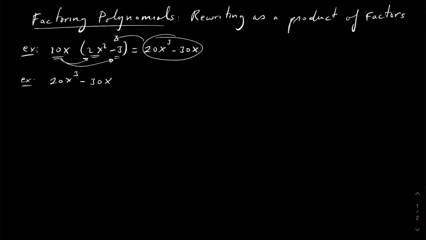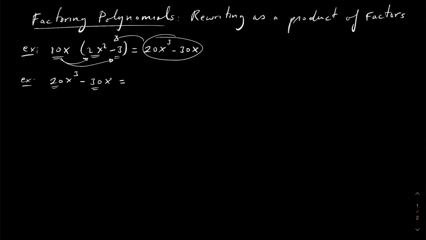The first thing I would do is look at the numbers of these terms. If I look at 20 and 30, it's very apparent that the factor that they have in common is 10, because 20 is 2 times 10 and 30 is just 3 times 10. So 10 is the common factor. Also, they share the variable x, so x is a common factor as well. So I know that these two terms have 10x as a common factor.